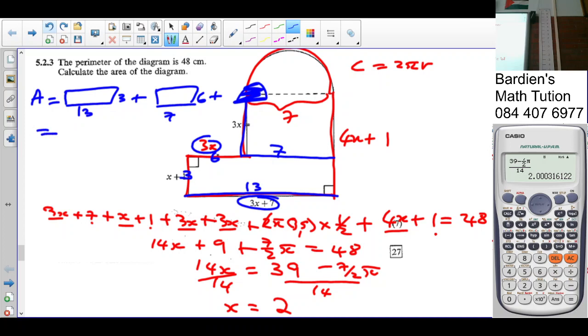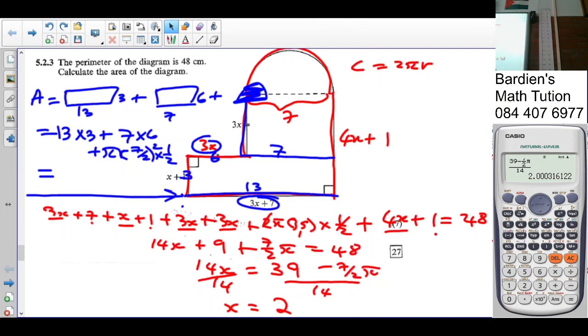You will agree with that? So how do you calculate the area of a rectangle? Length times breadth. So it's going to be 13 times 3 plus 7 times 6 plus. How do you calculate the area of a circle? Pi r squared. So it's pi times 7 over 2 squared times a half, because that's a semicircle.